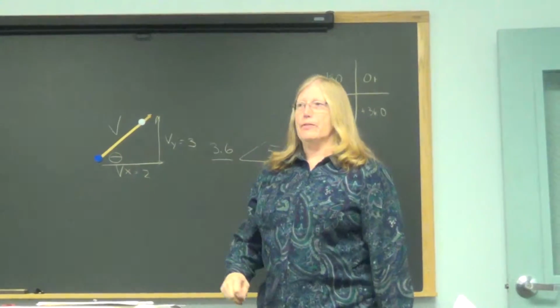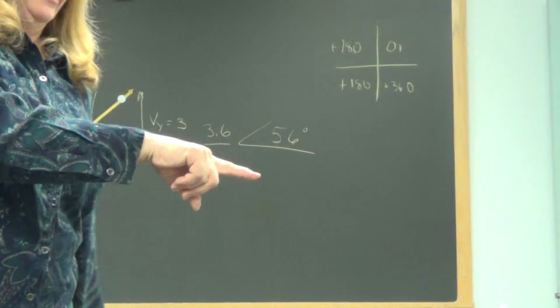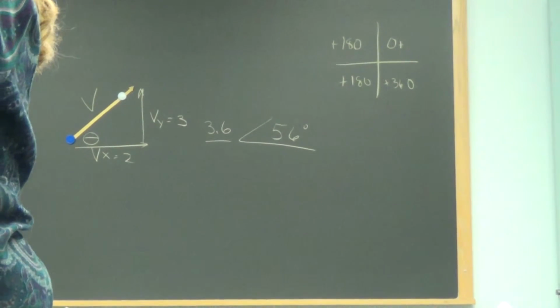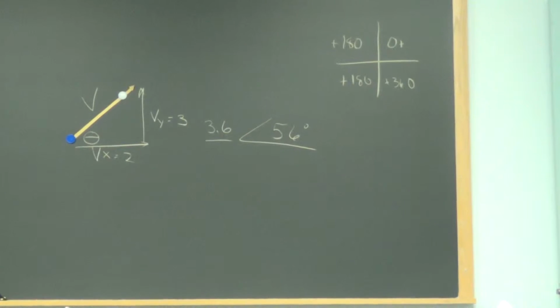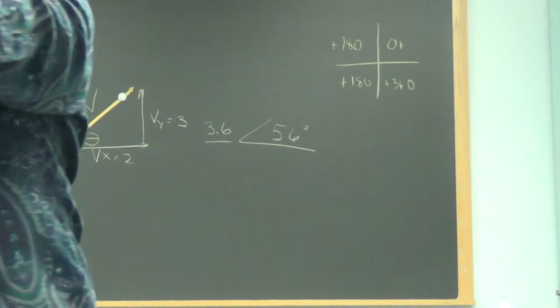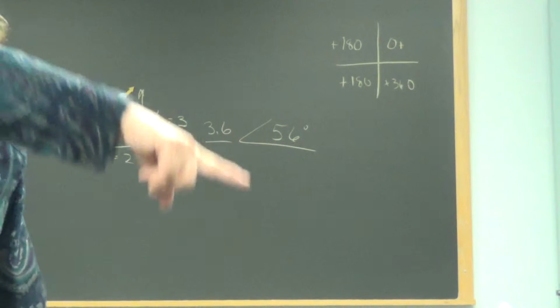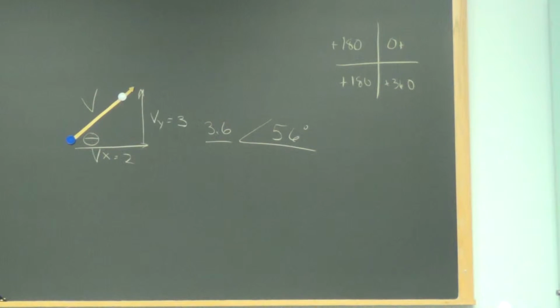So let's review that. When I point to you, you say Pythag. When I point to you, you say inverse tan. And when I point to you guys, you say adjust. Adjust. Inverse tan. Adjust. Pythag. Right, not you. Inverse tan. Adjust.